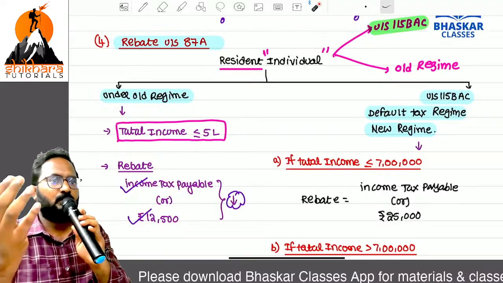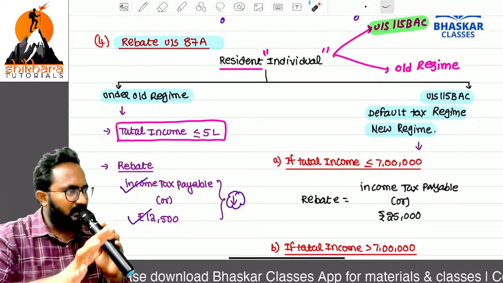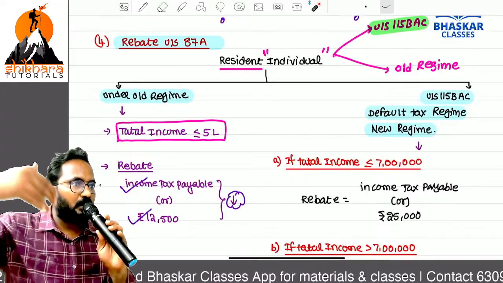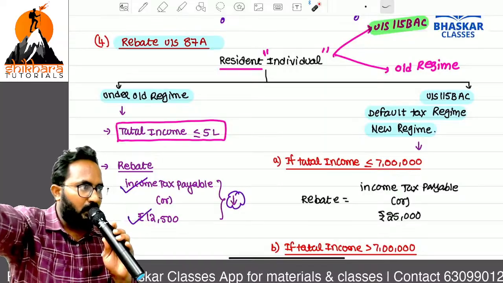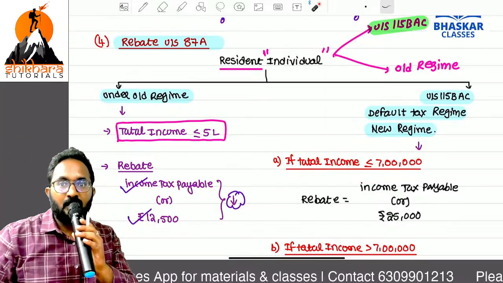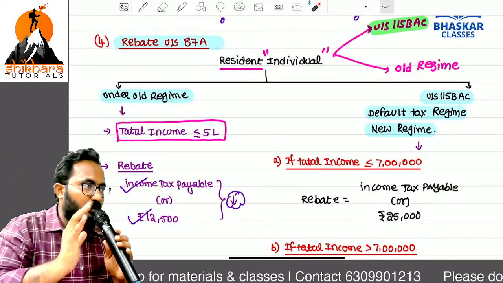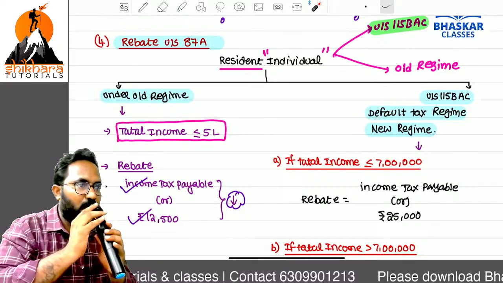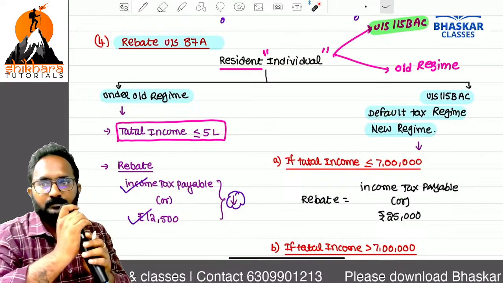Previously, I think 1-2 years back, the normal tax rates were the default one. If you didn't want to follow the normal, you could go with 115 BAC. But now, because of the rebate introduction in the new regime also, many SSEs will try to take which regime, ma'am? 115 BAC. That's why they are making this regime the default. Clear?